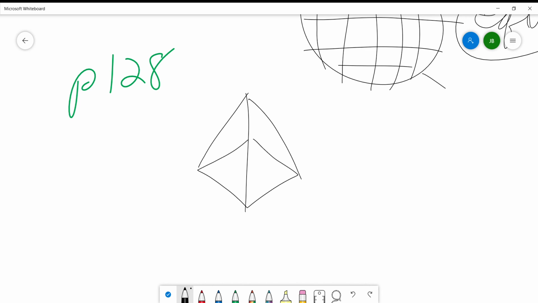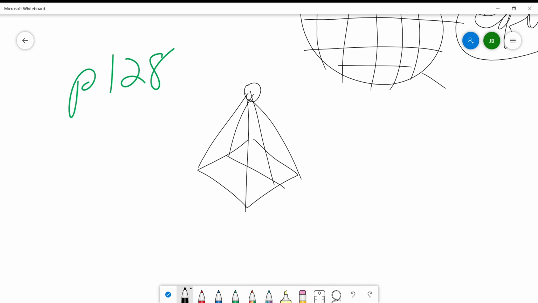you'll get a perfect square. I can't do the dotted lines very well. If you take a cross section that goes through the vertex, right there, you'll get a perfect triangle. As long as your cross section is parallel to the base, your cross section should be the same shape, only smaller, as your base.